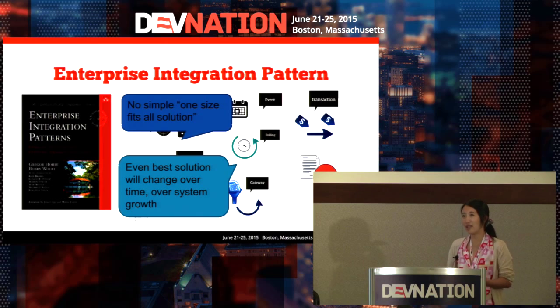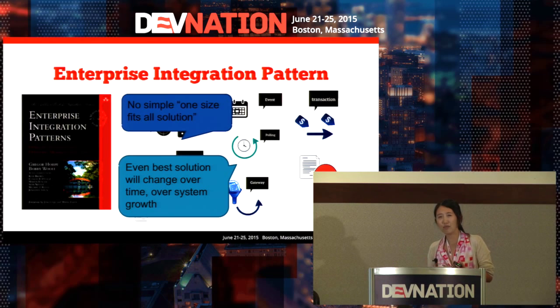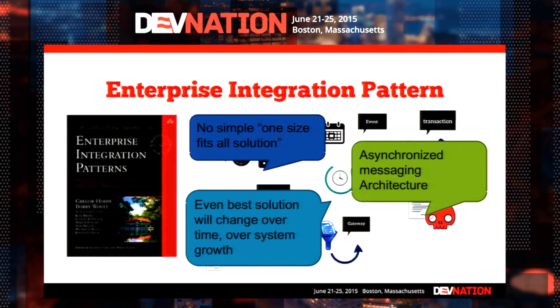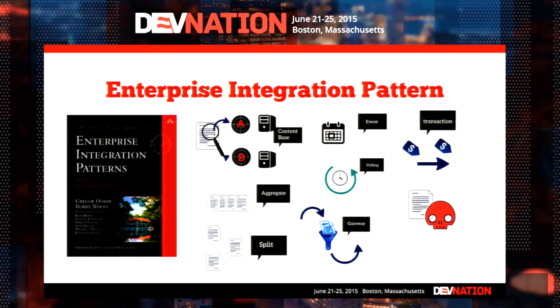So your integration system probably has to grow as time goes, right? And then you probably have to deal with asynchronous messaging, right? Because we want to make sure that it's buffered, and we don't want a bottleneck inside our integration system. So with all that, we have a book called Enterprise Integration Patterns.